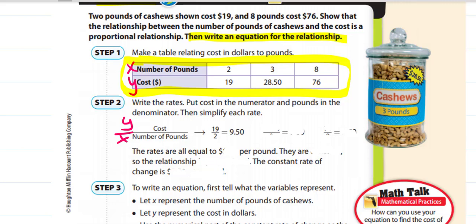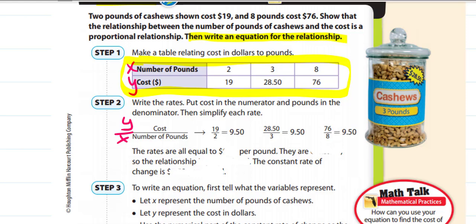The second rate, we have $28.50 divided by the 3 pounds. That also simplifies down to $9.50. And $76 divided by the 8 pounds, $9.50.